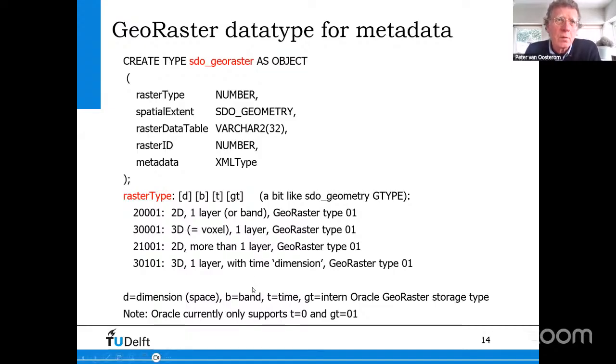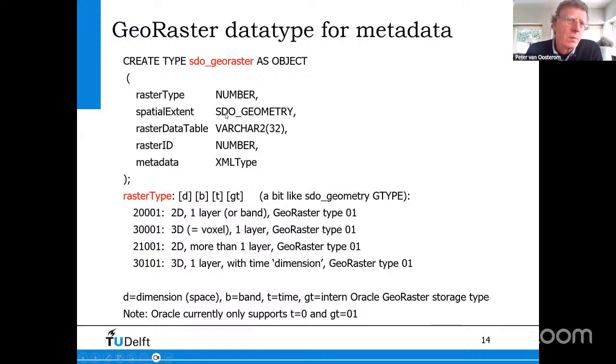Is it one value, maybe the height, or is it three bands, RGB? Then you would have three values in each raster cell. Then the time. Is it a time series or is it a single moment in time? And then there's an indicator GeoRaster type, which is more for Oracle internal, does not have so much meaning. So this raster type is the first attribute.